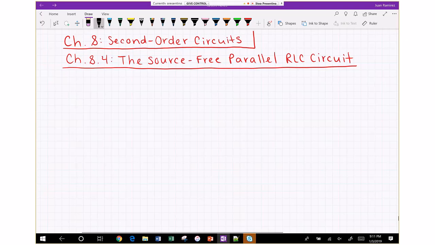So today we'll cover the source-free parallel RLC circuit, which is part of Chapter 8, Second Order Circuits. This is Section 8.4. So let's take a closer look at a source-free parallel RLC circuit.